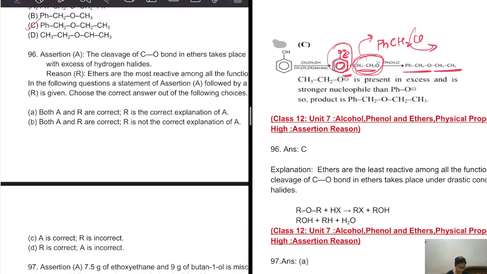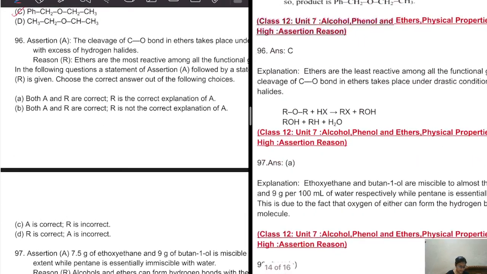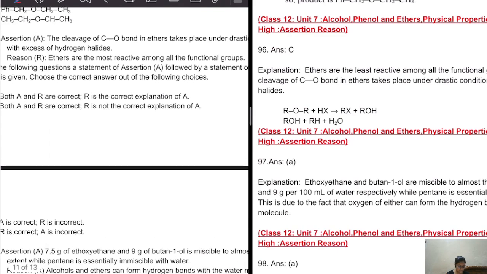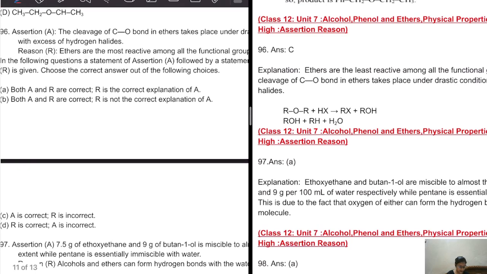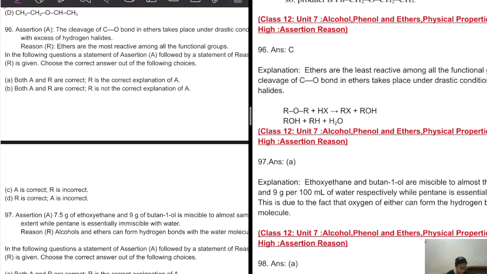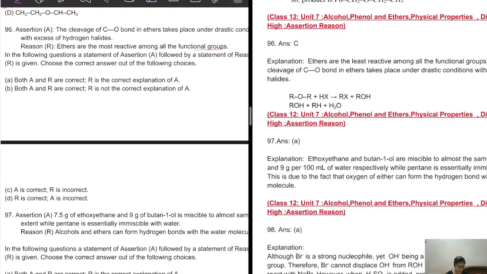Now let's see question number 96. Assertion says the cleavage of the C-O bond in ethers takes place under drastic conditions with excess hydrogen halide. And reason says ethers are the most reactive among all the functional groups. See, the reason is incorrect. Ethers are not the most reactive; they are the least reactive.